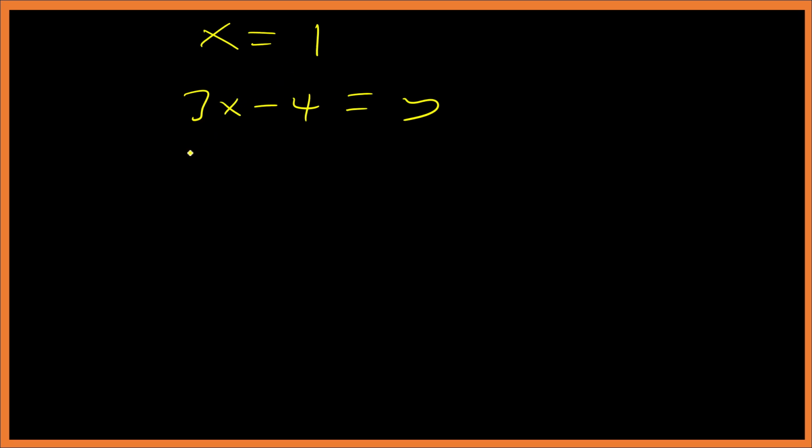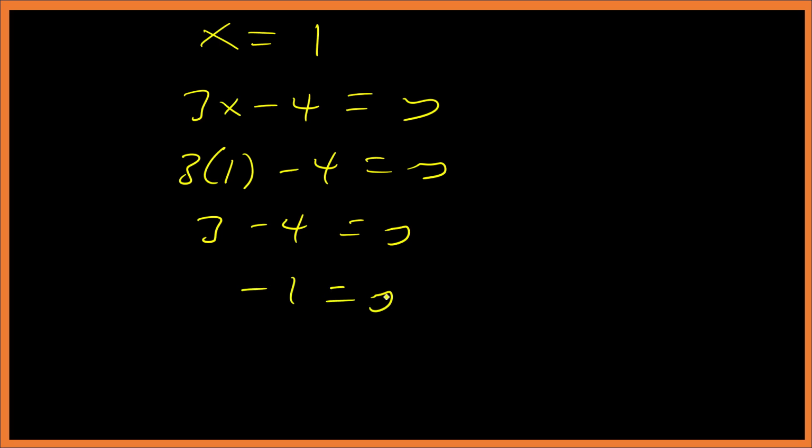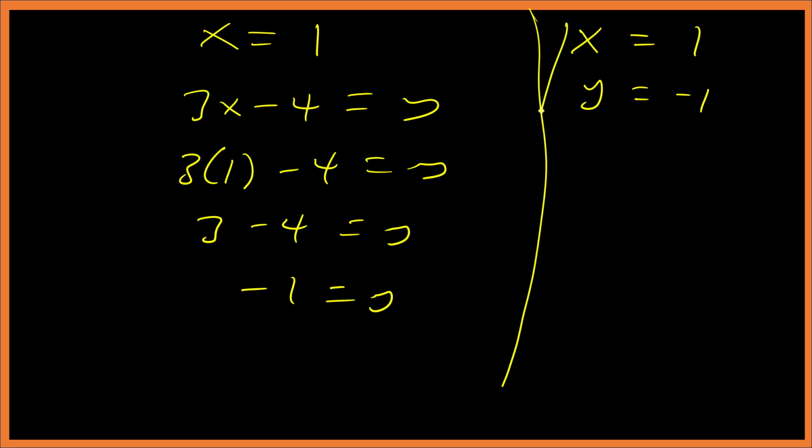When I plug in x, which is 1, we have 3 times 1 minus 4 equal to y. So 3 minus 4 equal to y. We have minus 1 equal to y. So when x equals 1, y is minus 1. As simple as that. So that's that.